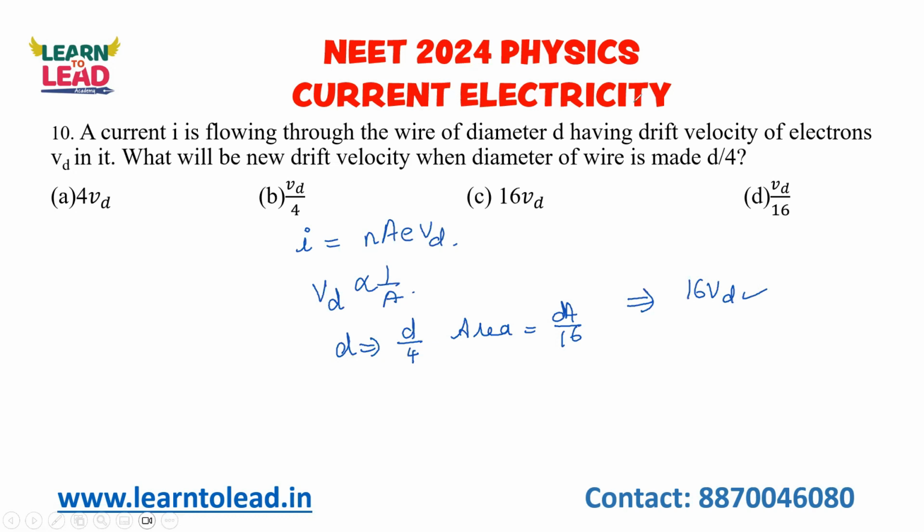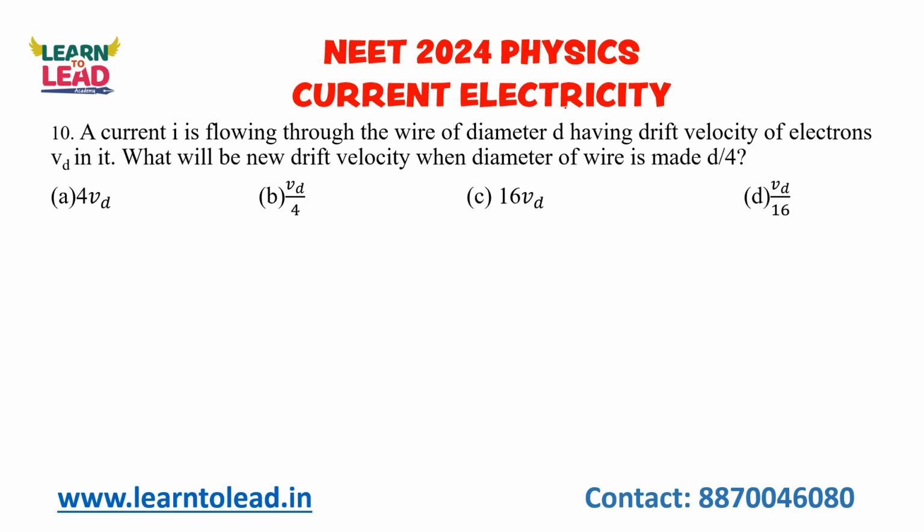So what are the concepts we have seen so far? What are the formulas we should know? First, based on current electricity, we should know a basic formula. Current I is equal to charge by time taken, and charge Q is equal to ne.